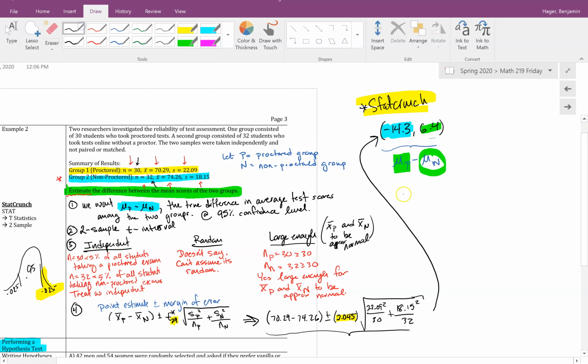Let's interpret it. Step 5. We could say that we are 95% confident that the true difference in mean scores between the two groups is between those two numbers.